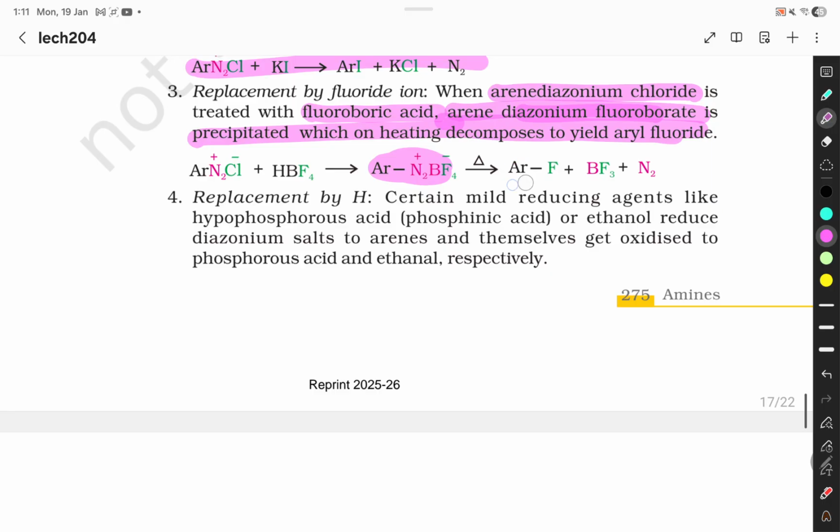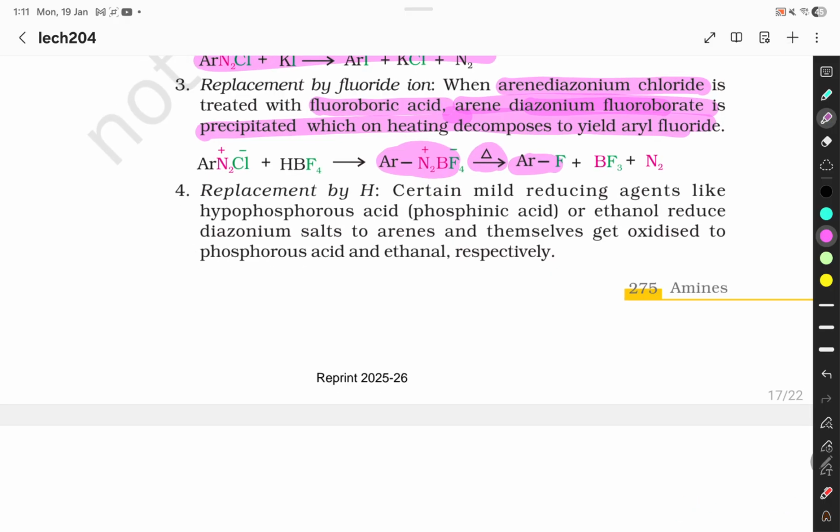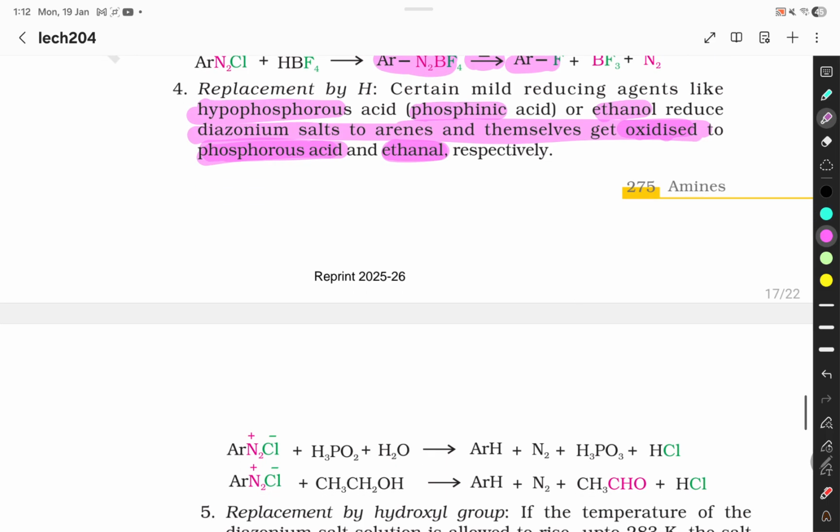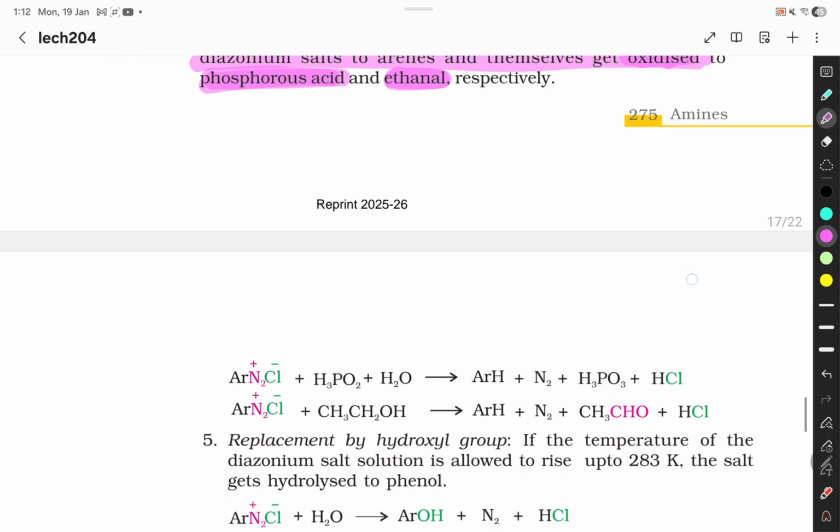And if you heat it, then only it gives ArF. Remember hypophosphorus acid, which is also called phosphinic acid, and ethanol reduce diazonium salts to arenes, and they themselves get oxidized to phosphorous acid and ethanol to ethanal.